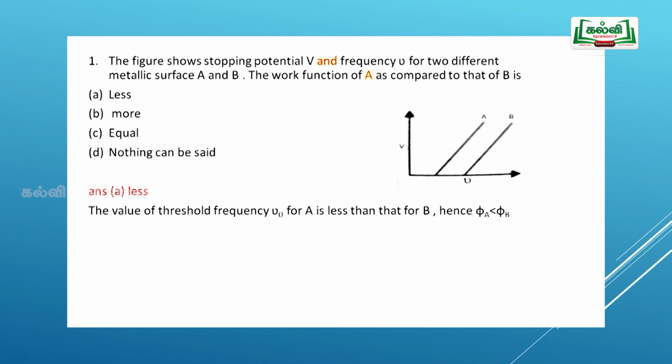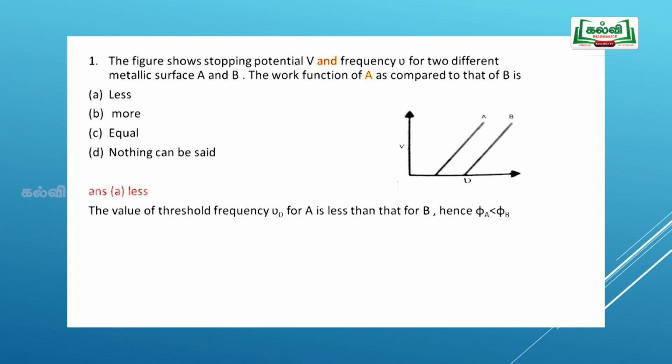The first sum. The figure shows stopping potential V and frequency nu for two different metallic surfaces A and B. The work function of A as compared to that of B is: option A, less; option B, more; option C, equal; option D, nothing can be said. See the graph here, it is a graph between the frequency and the stopping potential.